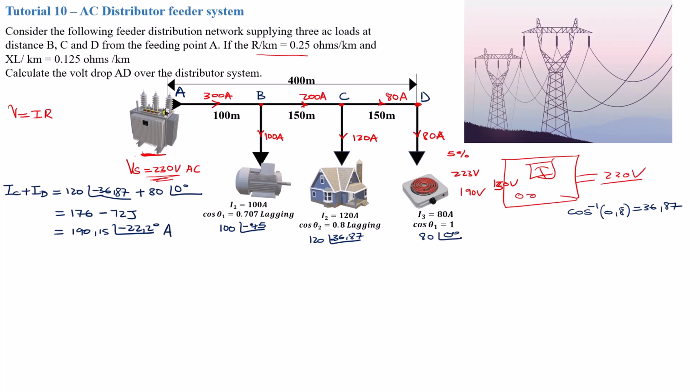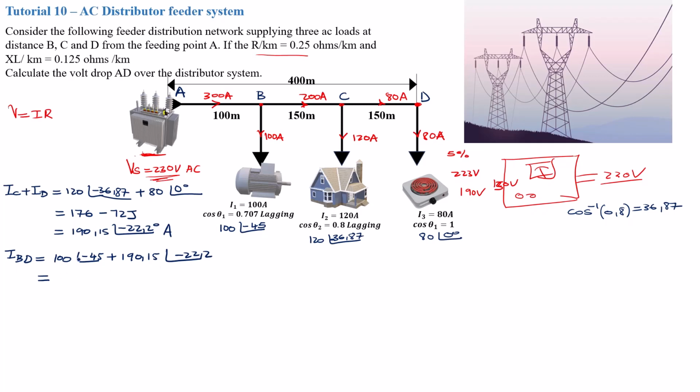Now you have to add it with the current from the second house, so that is going to be I from B to D. So I_BD is going to be 100 with an angle of negative 45 plus 190.15 with an angle of negative 22.2.